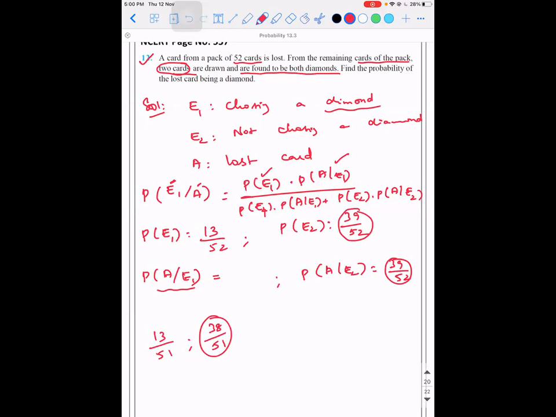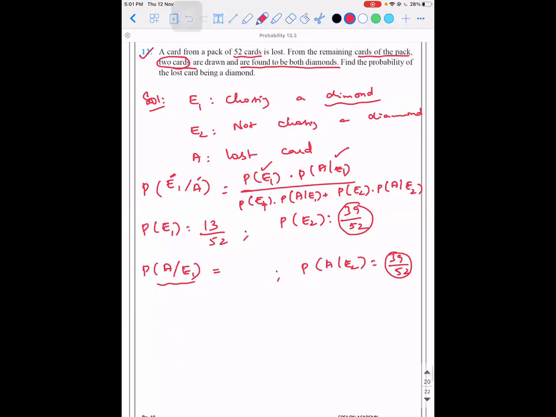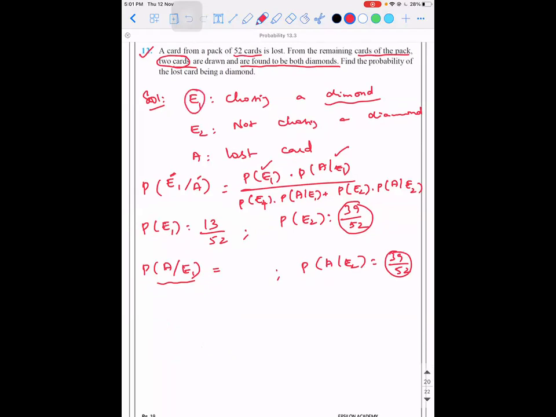Hemant, are you able to understand? Yes, sir. So if you write like this and say that both are exhaustive events, that is wrong. When I say choosing a diamond, I'm talking about choosing a diamond from the whole lot. That is how we have defined the events. If you have to apply Bayes' theorem, you need to choose events such that they are exclusive and exhaustive.